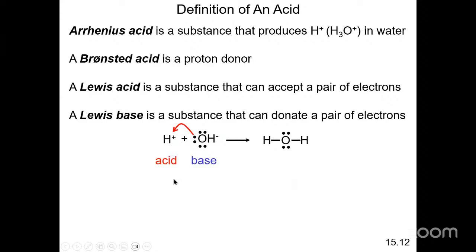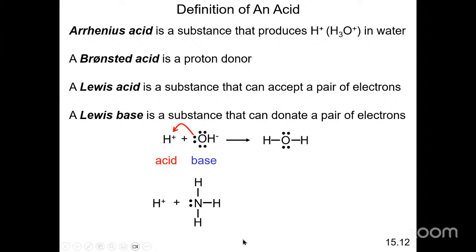So again, this definition does not contradict either Arrhenius or Bronsted, excepting that there are some instances where you can have an acid, which is a Lewis acid, and a base, which is a Lewis base, which would not be the case based on the Arrhenius or Bronsted definition.